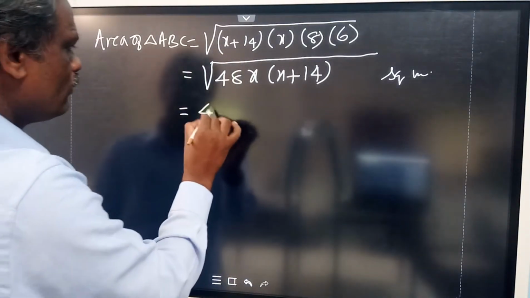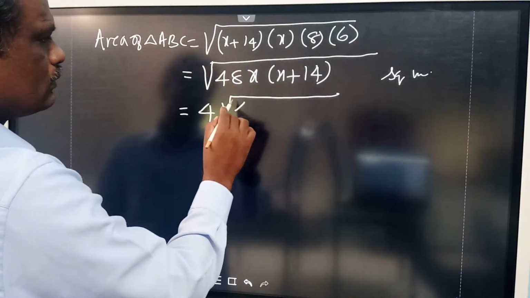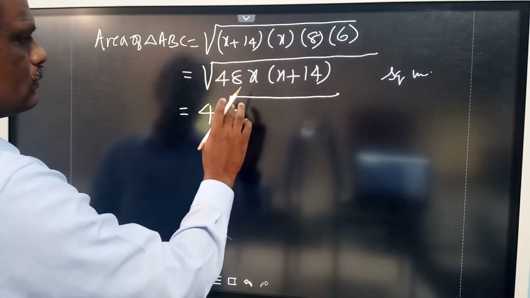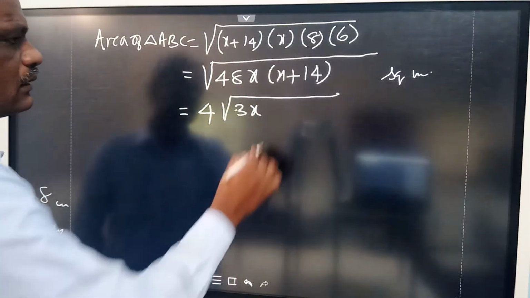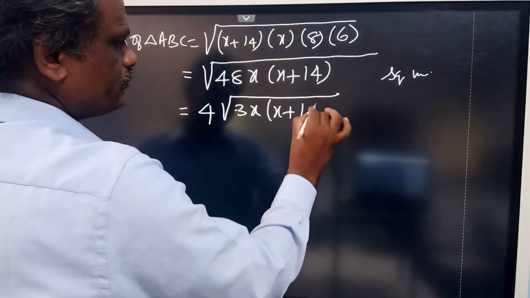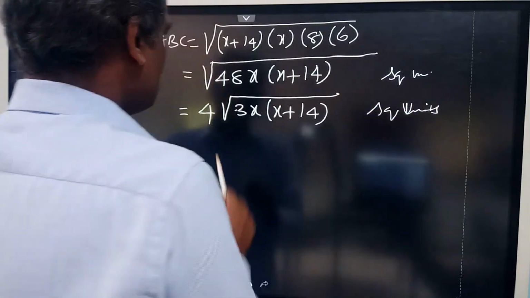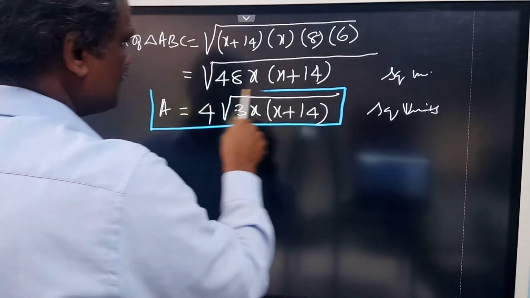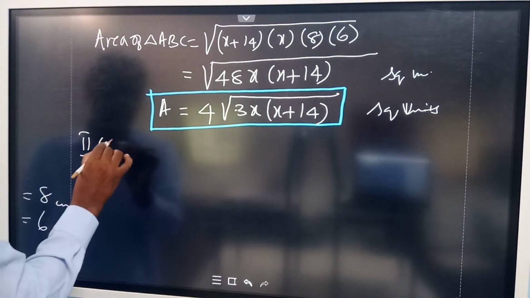I think 4 root of 3x into x plus 14 square units. So this is the area of the triangle ABC. First case. Then second case.